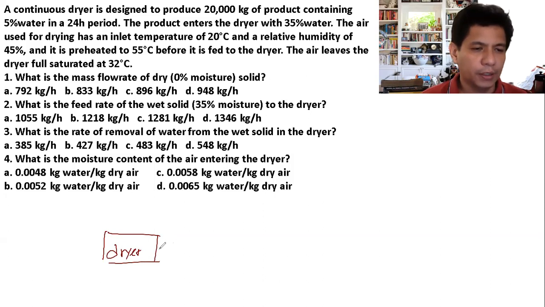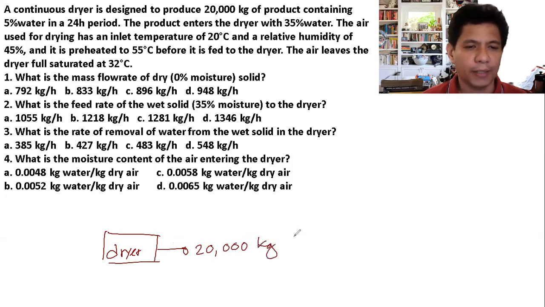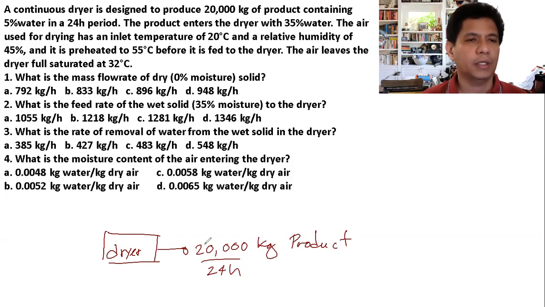This is producing 20,000 kilograms of product for every 24 hours. The moisture content, of course, is relevant since this is a dryer. So the moisture content of the product is 5%.